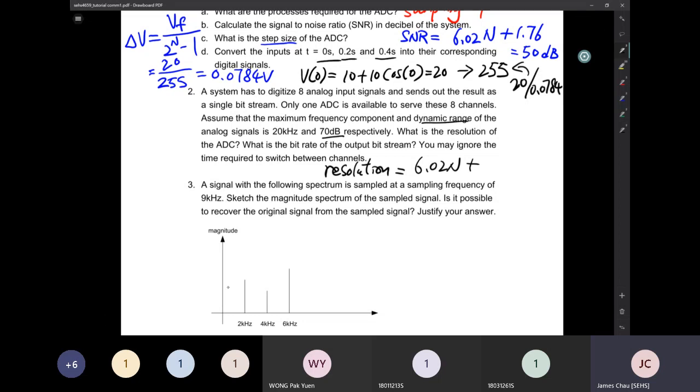You may use the same equation plus 1.76, which you set to become 70. So after you solve the equation, you can get n equal to 11 bit. Okay.